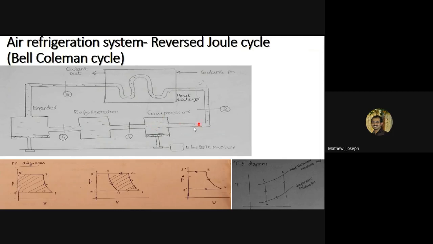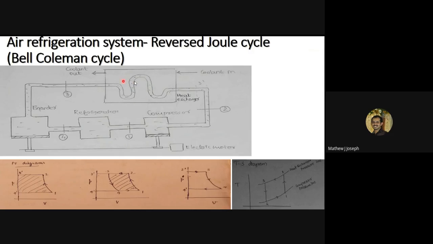And it is that high temperature, high energy air which is entering the heat exchanger. So this working fluid can easily reject that high energy or high temperature energy down to the coolant medium which is circulated throughout the heat exchanger.